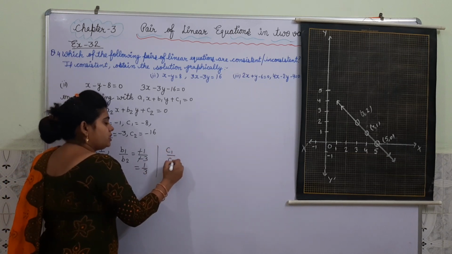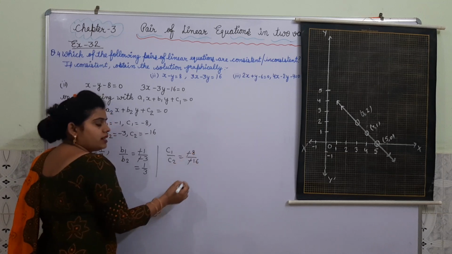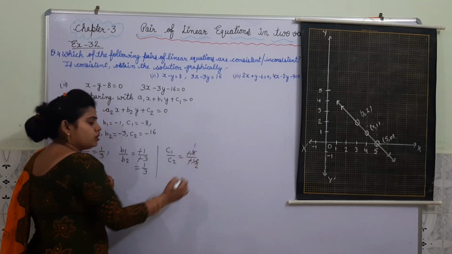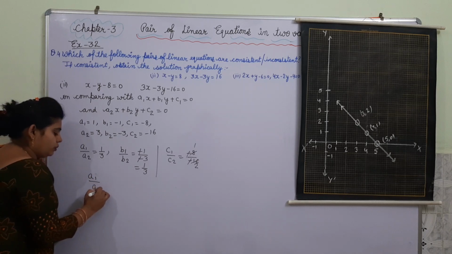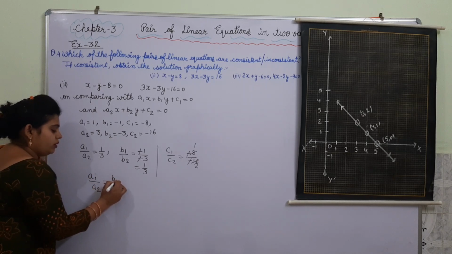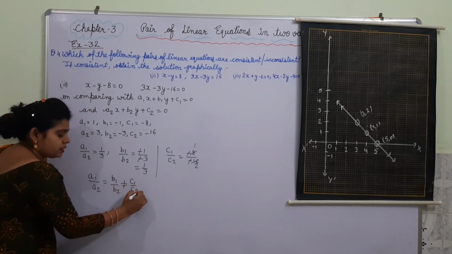Now c1 by c2 is minus 8 by minus 16, the minus cancels out, 8 ones are 8, 8 twos are 16. So from here we are getting a1 by a2 is equal to b1 by b2 but not equal to c1 by c2.